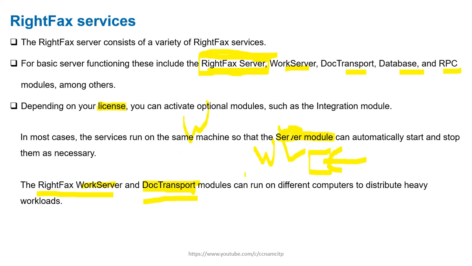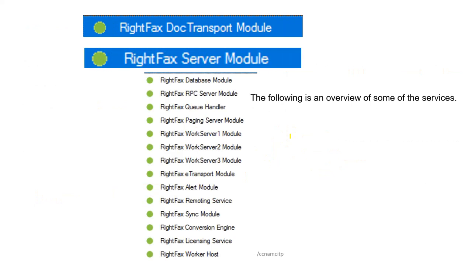Okay guys, I hope you understood the meaning of RightFax services. It has lots of services. A service is nothing but a functionality. For example, following is an overview of some of the services: doc transport module, RightFax server module, RightFax queue handler, RightFax paging server, work server, and alert module.